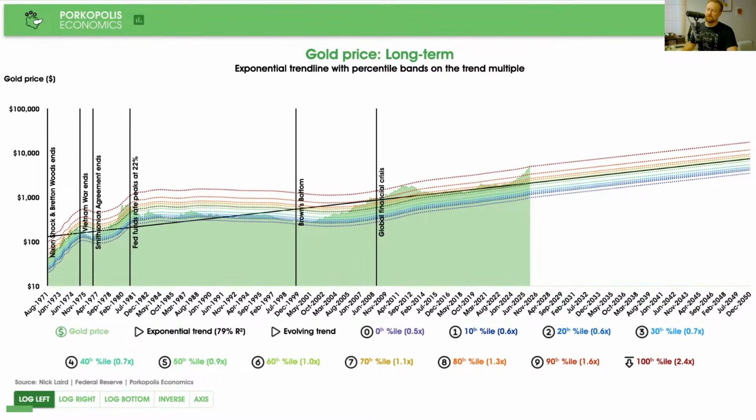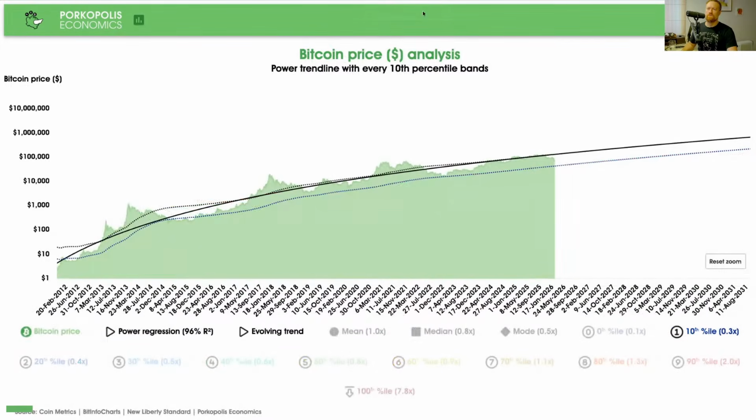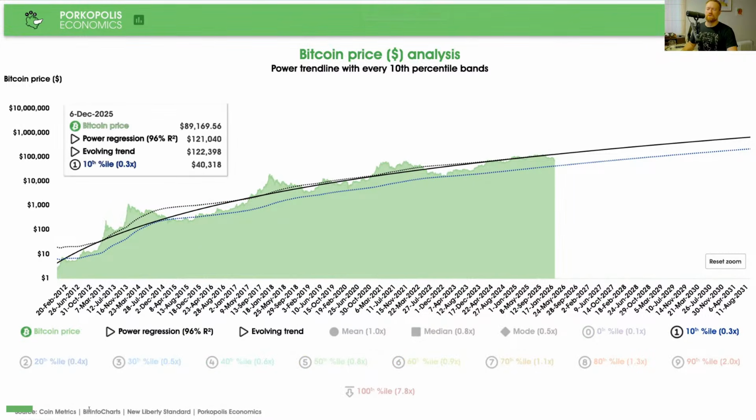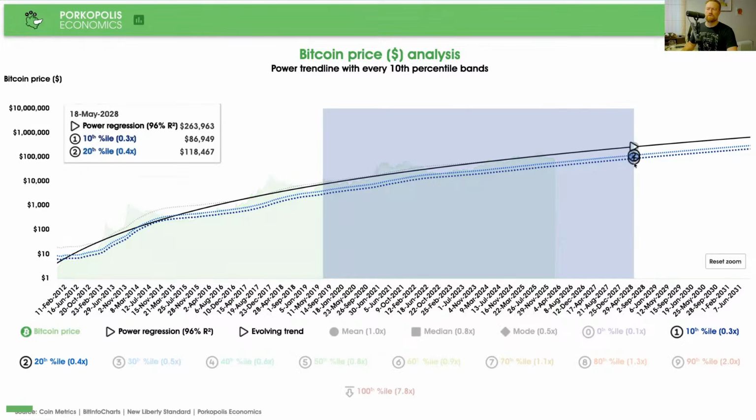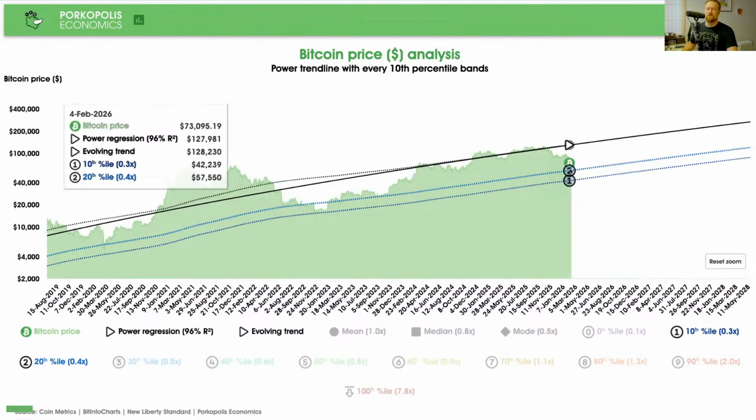Now I want to do Bitcoin gold and Bitcoin silver. Give me a second. Again, it's definitely time for caution.